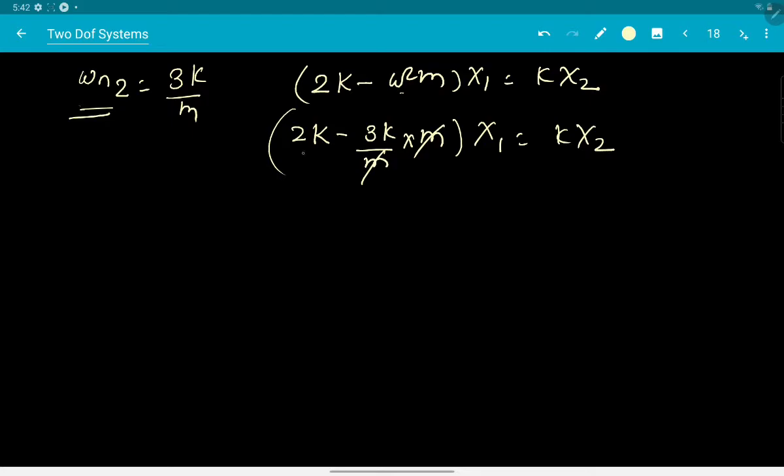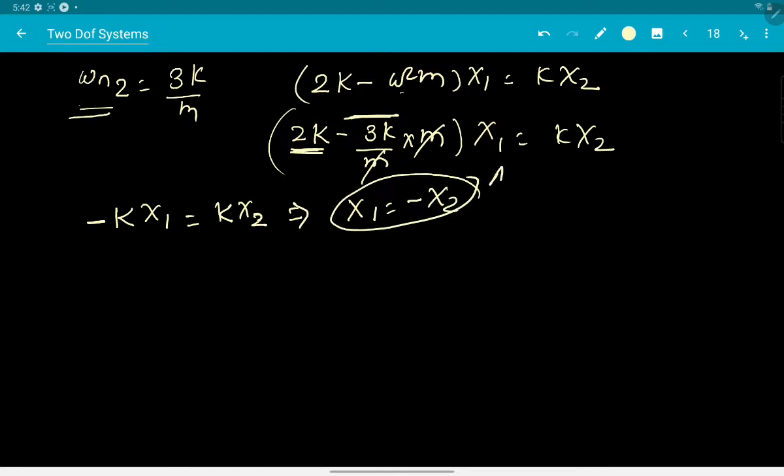This and this goes away and you have 2k over here and you have minus 3k over here. So you are left with minus k X1 is equal to k X2, which essentially tells you that x1 is equal to minus x2.